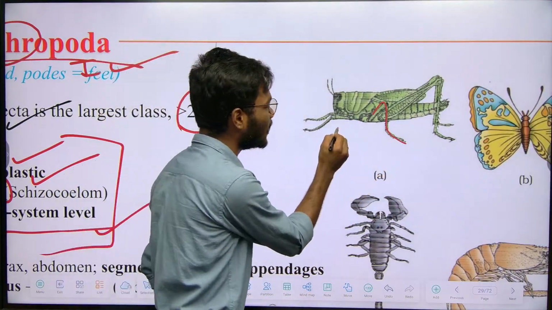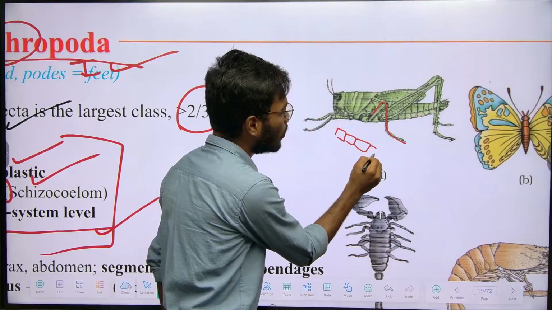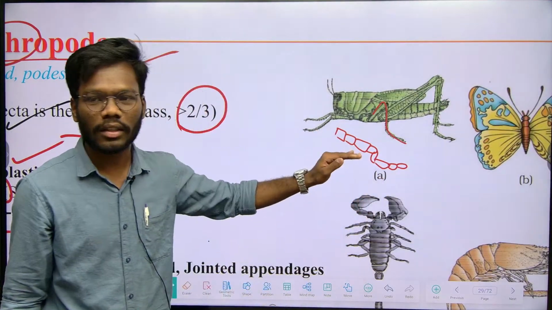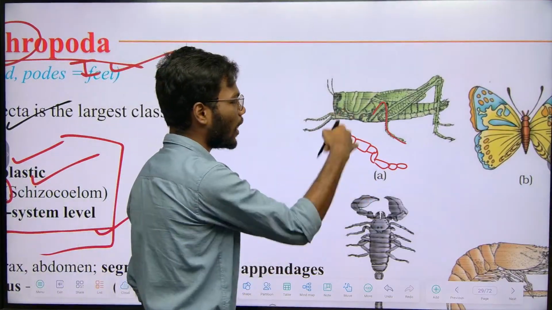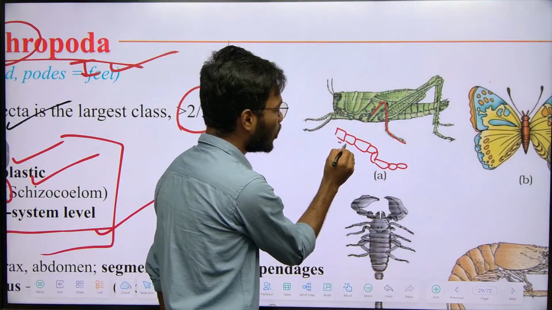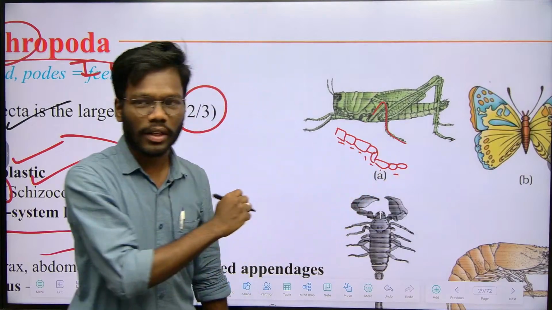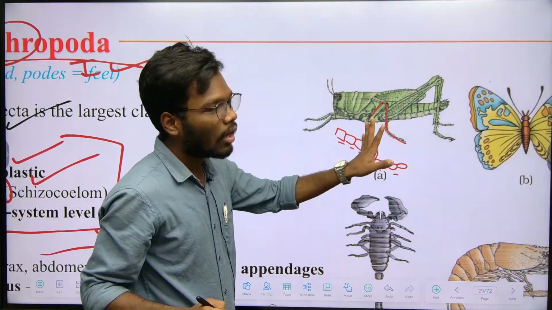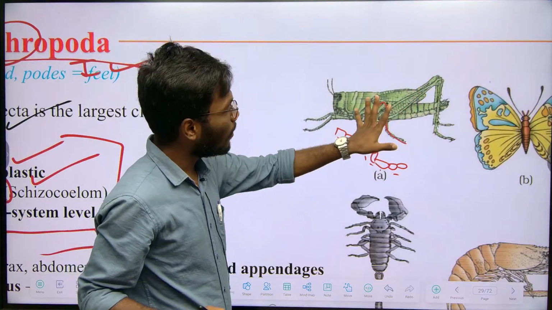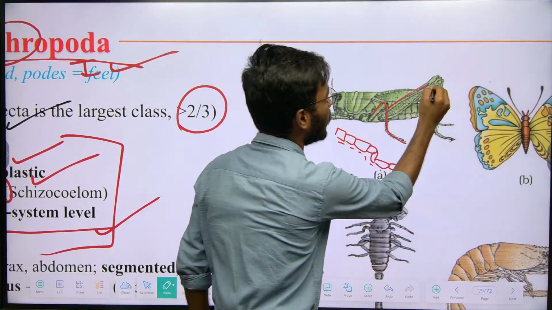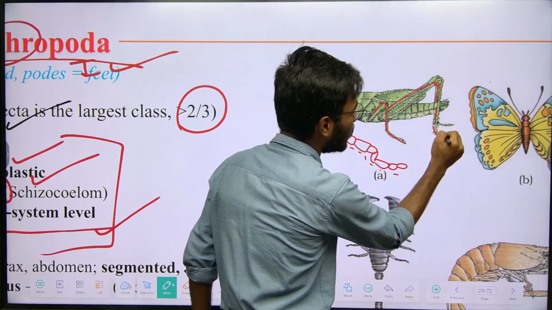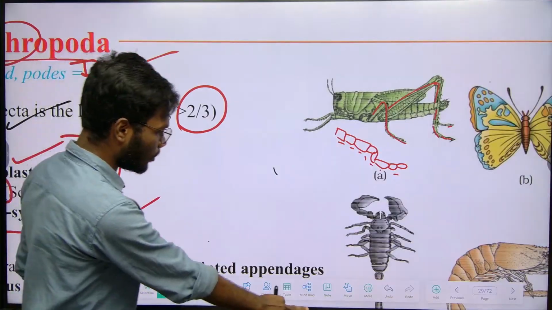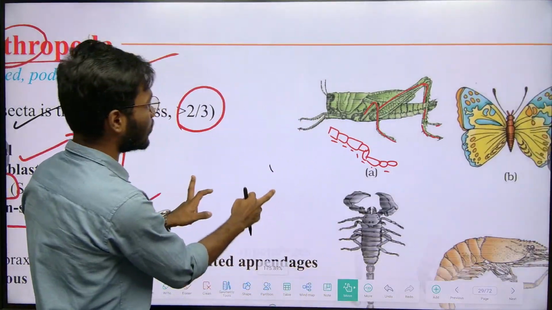It is connected, jointed in an organized way, so it's an interlinked thing. That's why these animals are called jointed appendages. The appendages, the legs, whatever they may be, are connected in a joint manner. That is what you have to remember, why they are called jointed appendages.